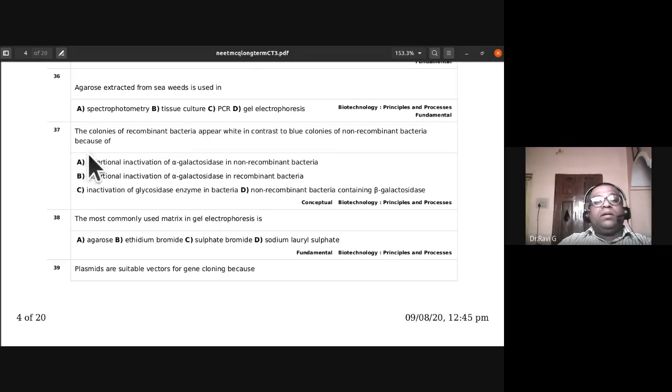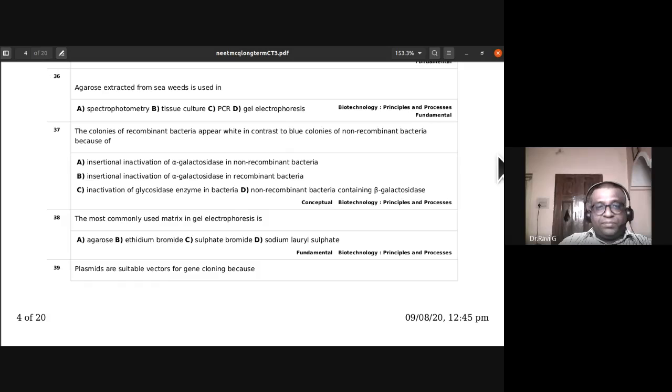Okay. The colonies of recombinant bacteria appear white in contrast to the blue colonies of non-recombinant bacteria because of what? Is it insertional inactivation of alpha galactosidase in non-recombinant bacteria, or insertional inactivation of alpha galactosidase in recombinant bacteria, or inactivation of glycosidase enzyme in bacteria, or non-recombinant bacteria containing beta galactosidase?